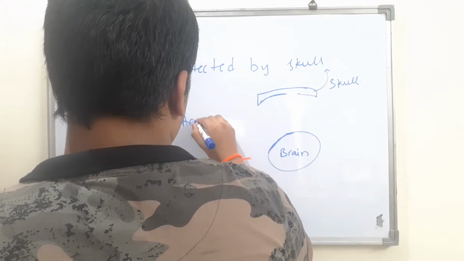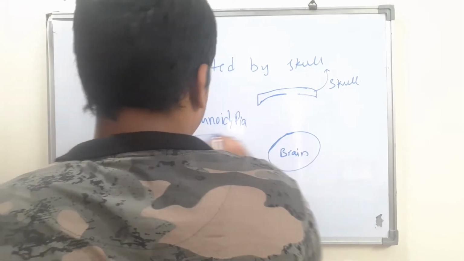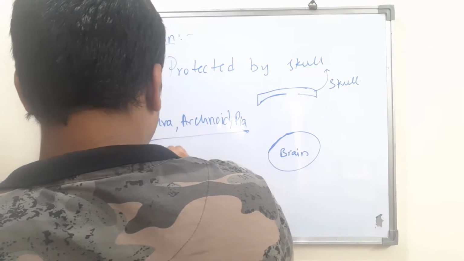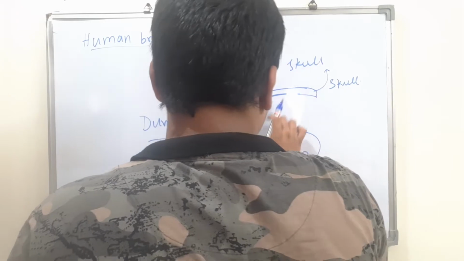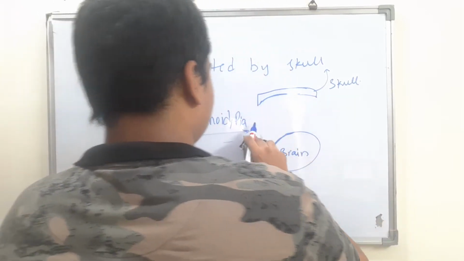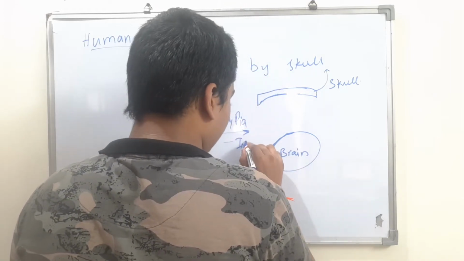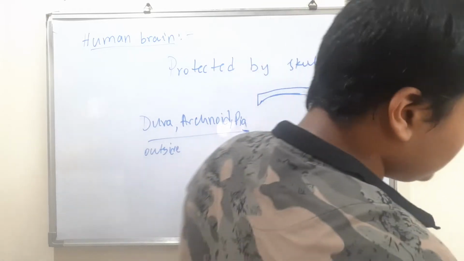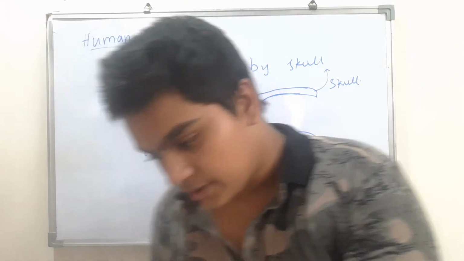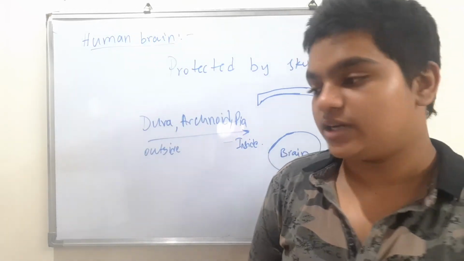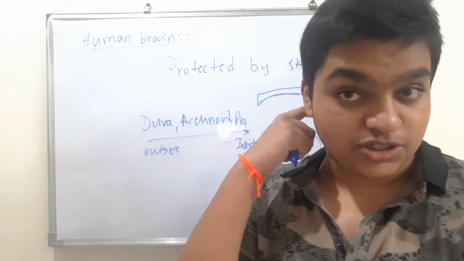So they can ask you a question: which of the following meninges is in contact with the cerebral cortex? The cerebral cortex is a part of the forebrain, which will come later. They can also ask which is farthest from the cerebral cortex.